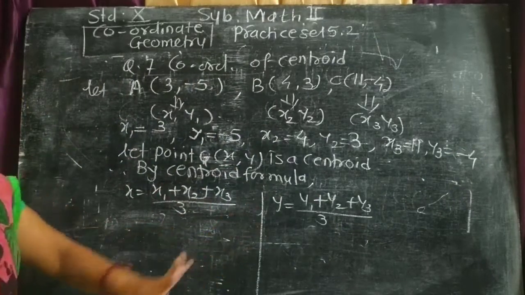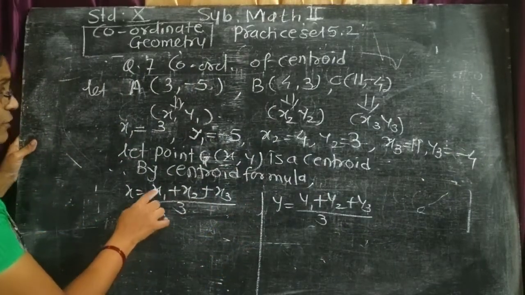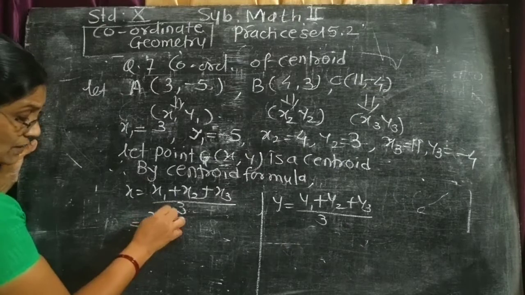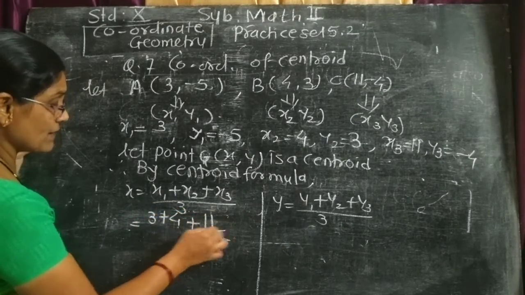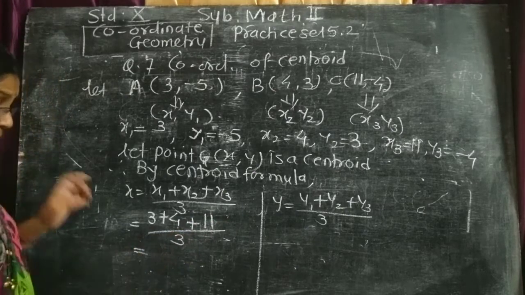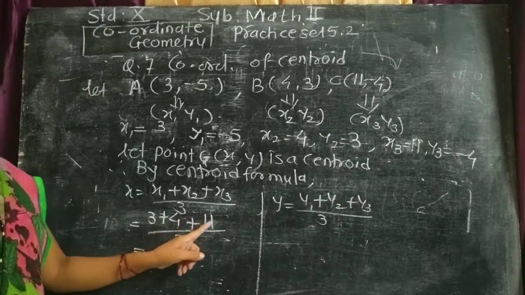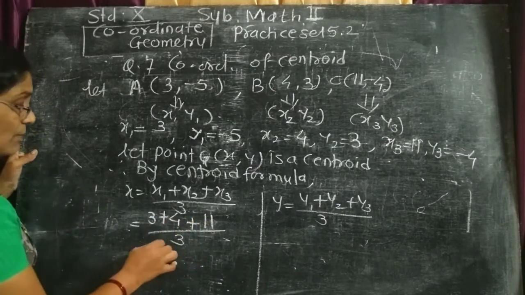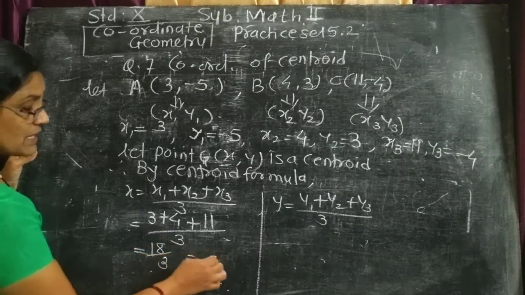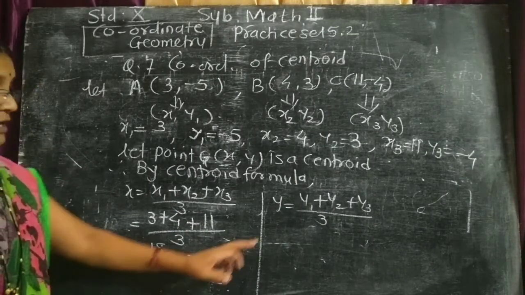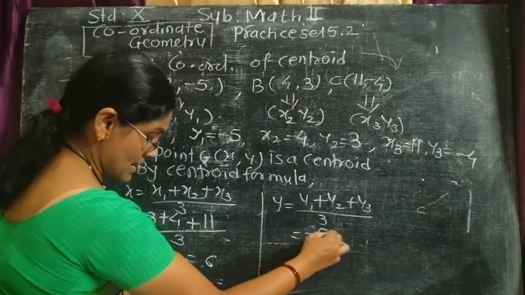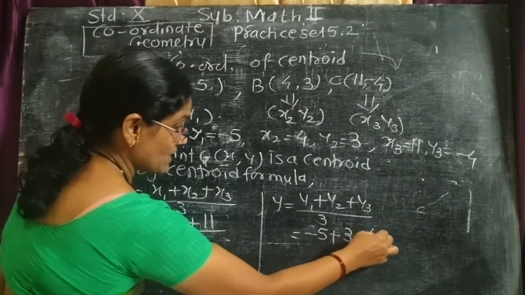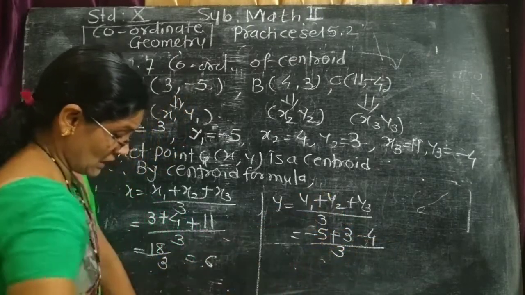By the centroid formula, we put in the values. x1 as 3 plus x2 4 plus x3 11, upon 3. 3 plus 4 is 7, 7 plus 11 is 18, 18 upon 3 means the x coordinate is 6. Now for the y coordinate, put in the values: minus 5 plus 3 minus 4 upon 3.